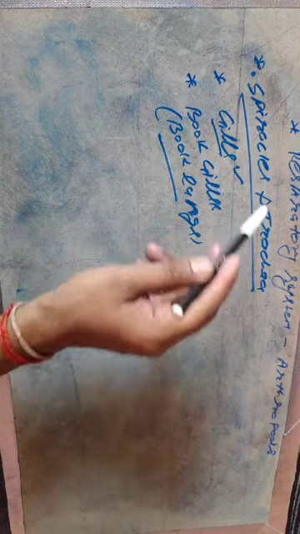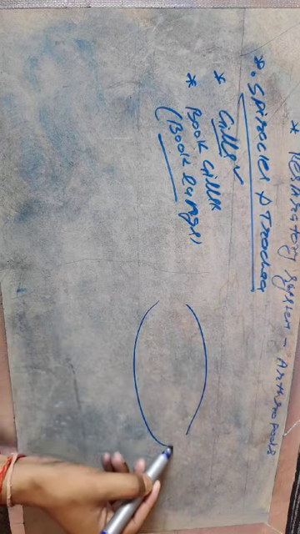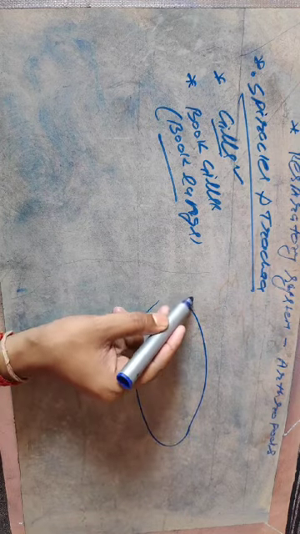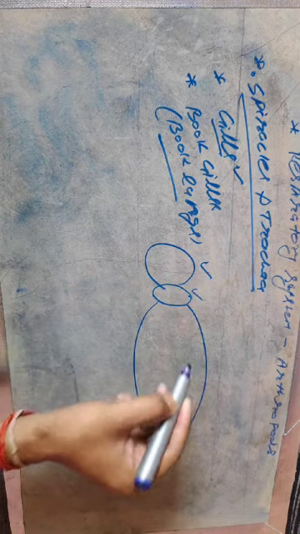One by one I will describe what the spiracles, trachea, gills and book lungs are. Let us first talk about the spiracles and trachea. When you clearly see any insect, you can observe their body. As I have told you, the basic key points of arthropods are the head, thorax and abdomen.